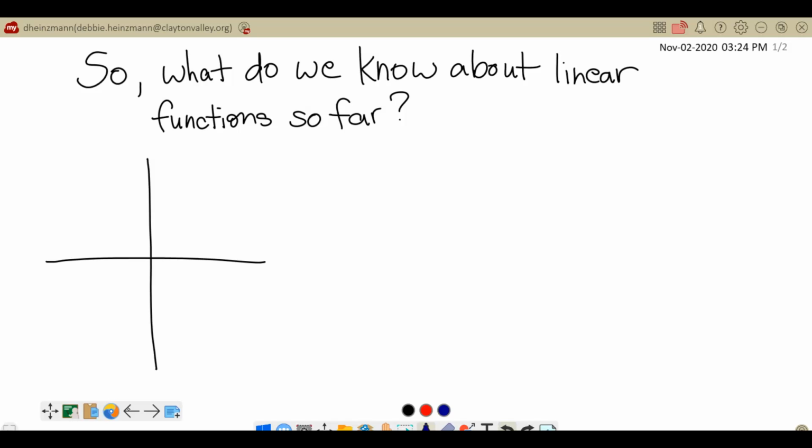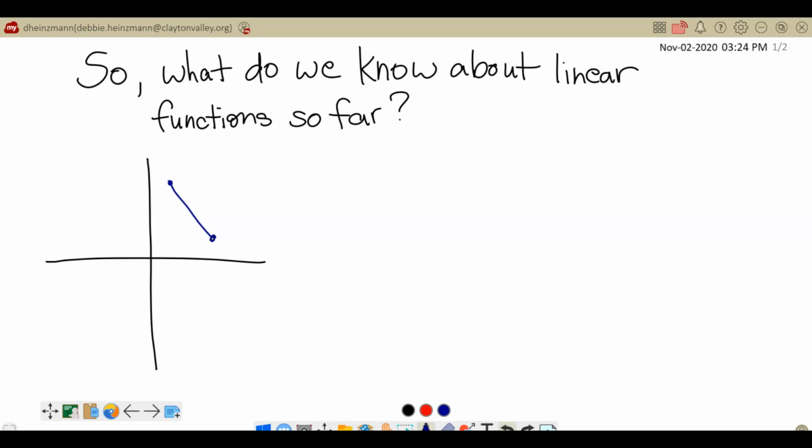So, what do we know about linear functions so far? Well, what we know is that we can plot 2 points on a coordinate plane, and we can connect them. And when we do that, we get a line.